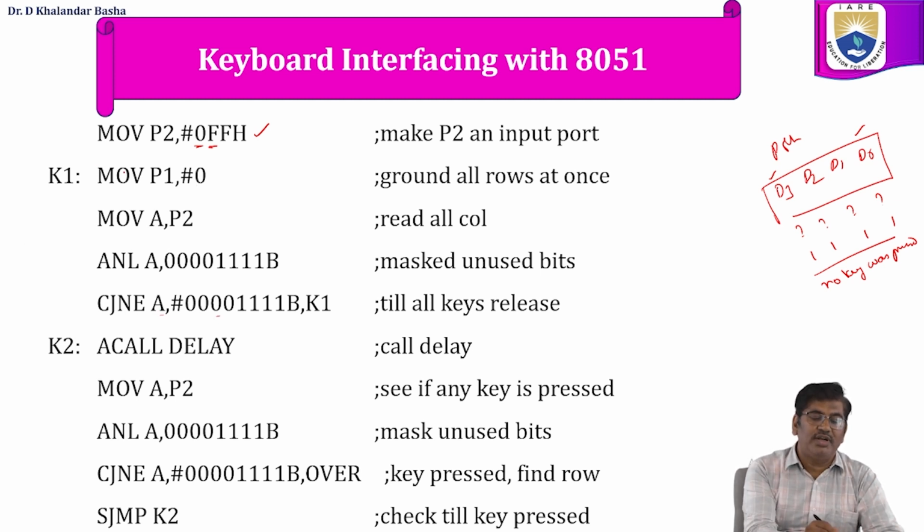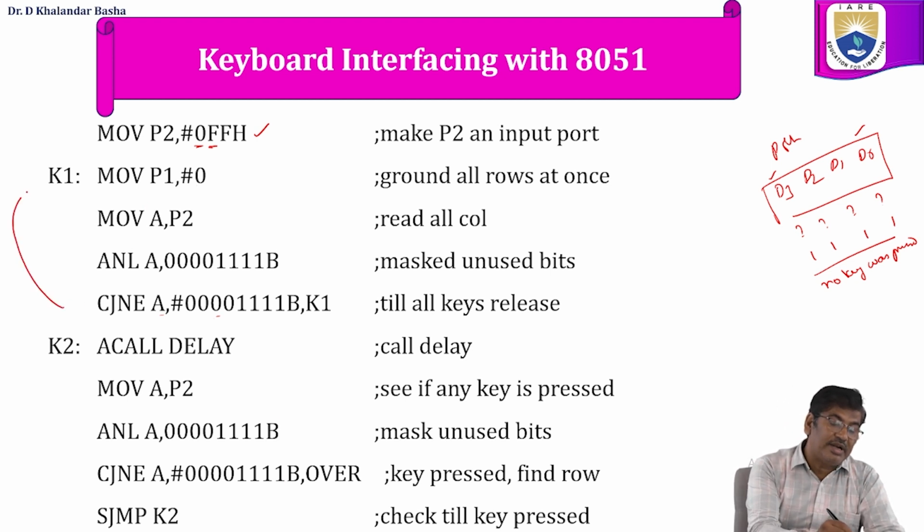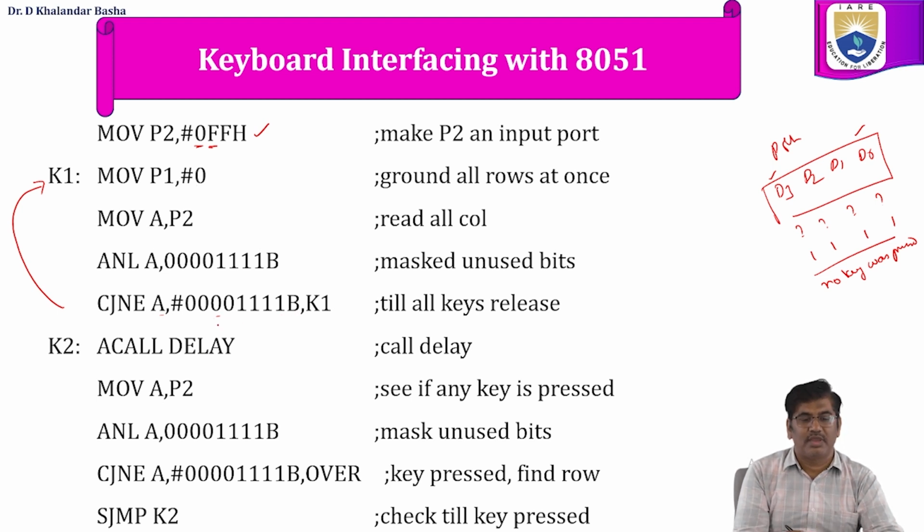So again we go for repeating the same step. This loop, the key1 loop, will be iterated until any key is pressed. If any key is pressed, this condition will not be satisfied, and it will come to the next instruction.